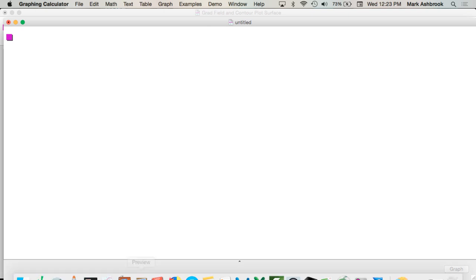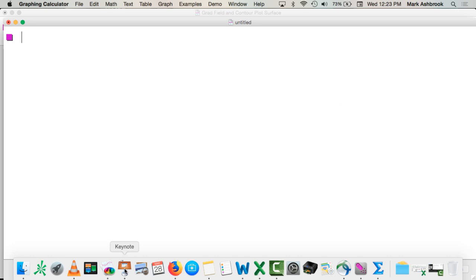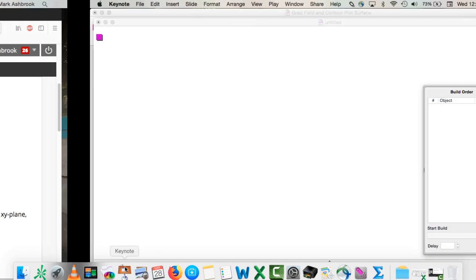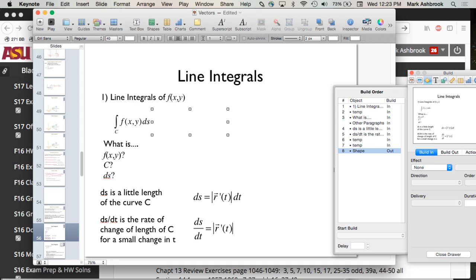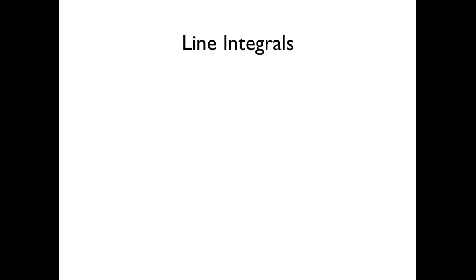All right. So you could argue the line integrals are maybe the first topic in the final topic of the course, which is vector calculus, where we're going to put lots and lots of this stuff we learned so far all together. Everything's going to come together here.